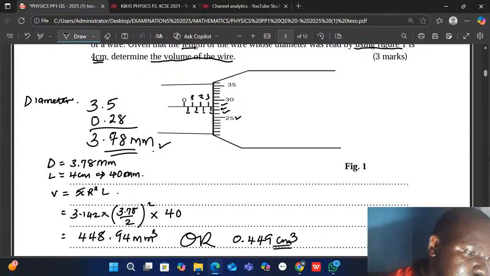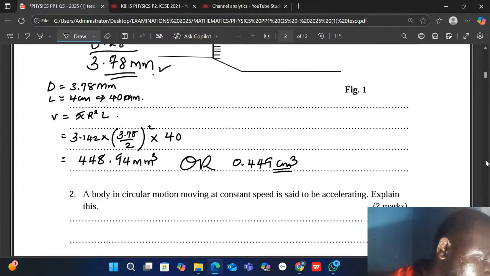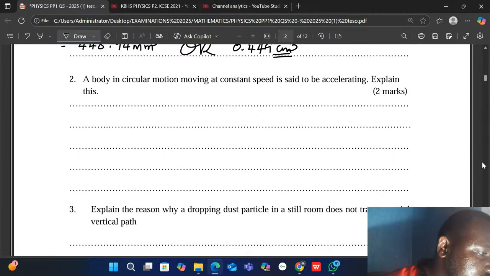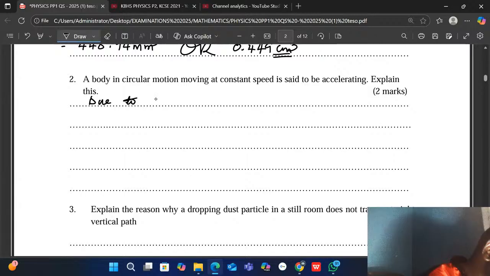Question 2: a body in circular motion, moving at constant speed, is said to be accelerating. Explain this. It keeps on accelerating due to instantaneous change in velocity.